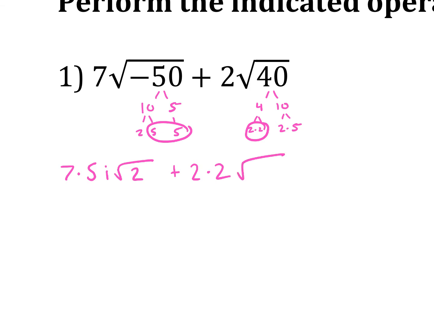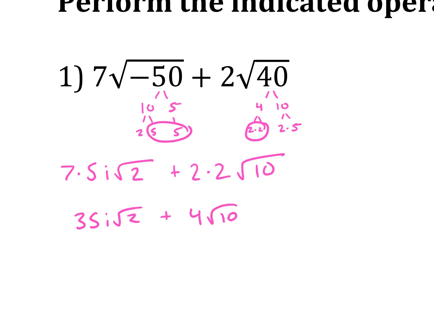And then what's left on the inside? 10. What should I do next to simplify? Right, I can multiply what I took out, so this is 35i square root 2 plus 4 square root 10.